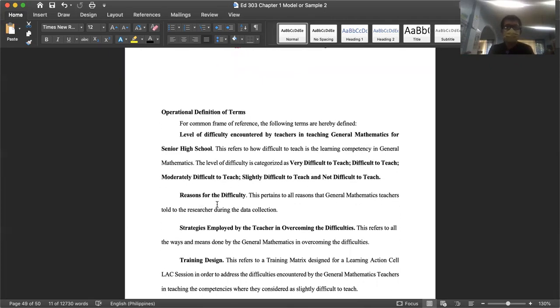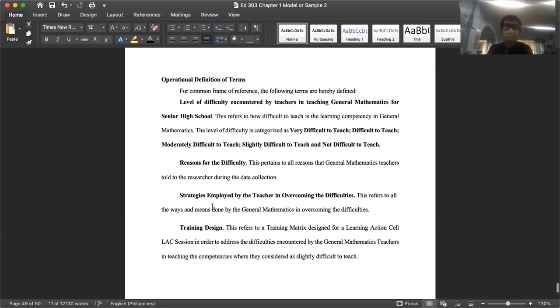Then reasons for the difficulty. So that must be copied exactly because that is our problem number 2. This pertains to all reasons that general math, blah, blah, blah. Then strategies employed by the teacher in overcoming the difficulties. If your target respondent is a student, then strategies employed by the student in overcoming the difficulties.